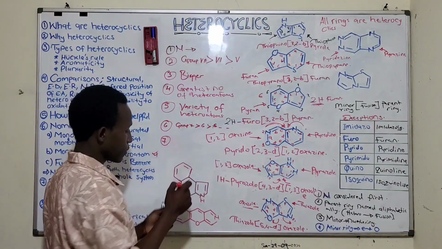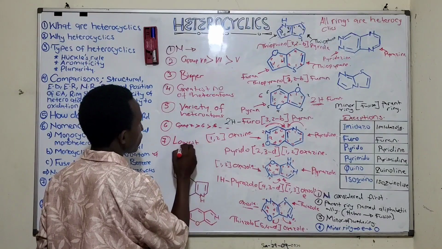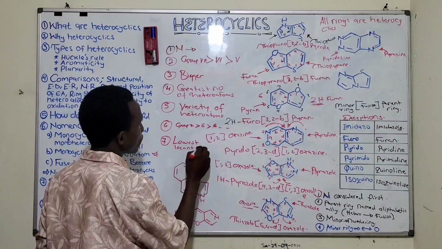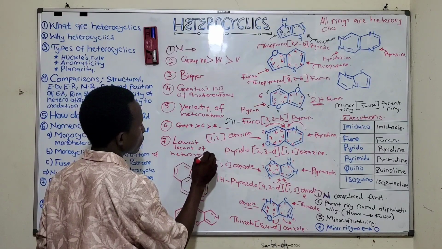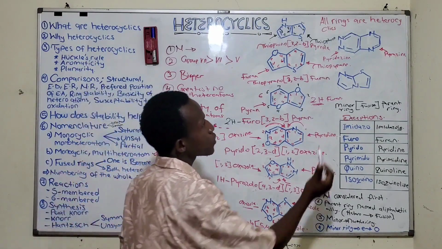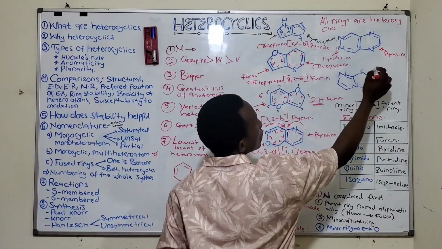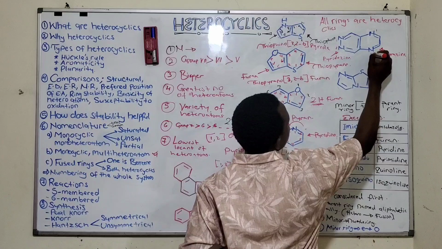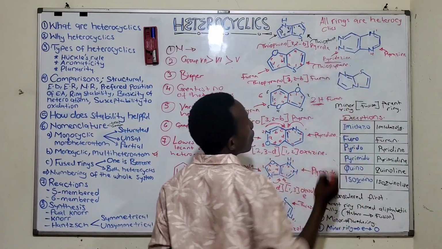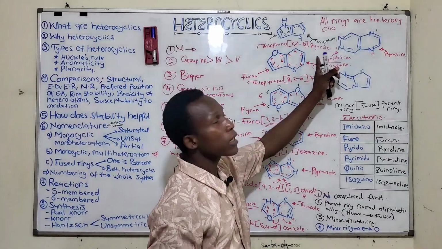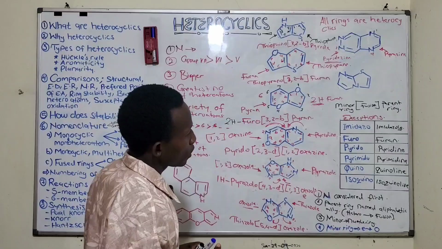Now, rule 7, we consider lowest locant of heteroatoms. For this one, nitrogen is at position 1 and 2. But for this one, it is position 1 and 4. So this one will be taken as the parent structure.